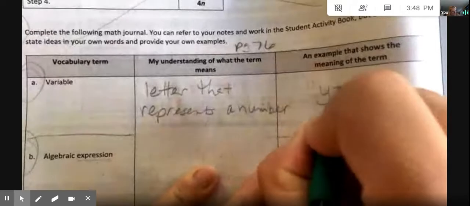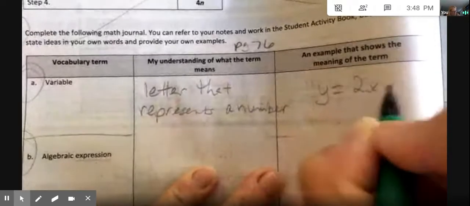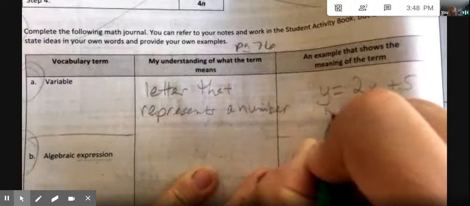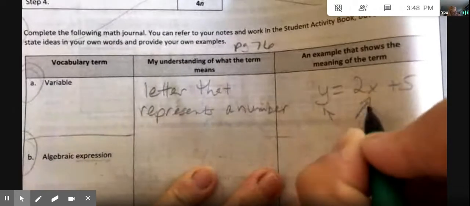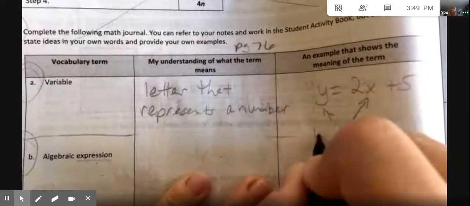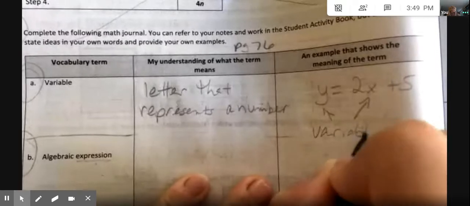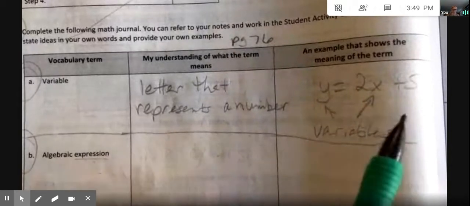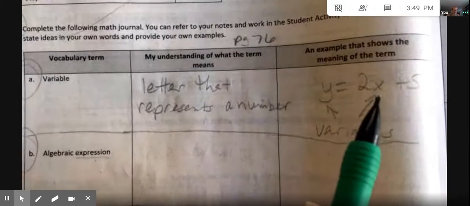So if we have like y equals 2x plus 5, that is a variable, and that is a variable. Y is a placeholder of a number, and x is a placeholder of a number.